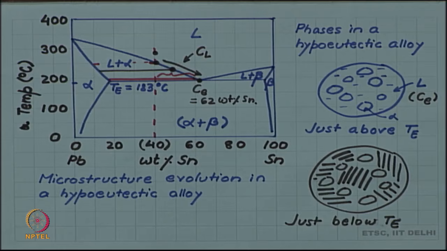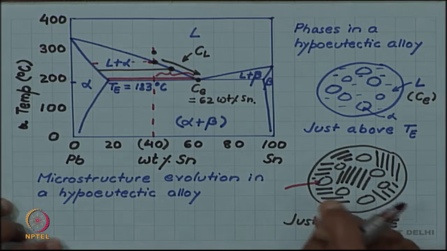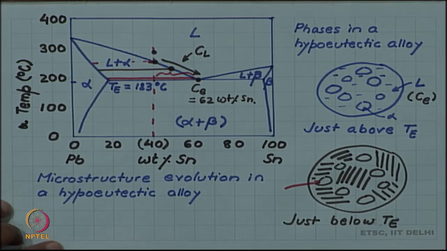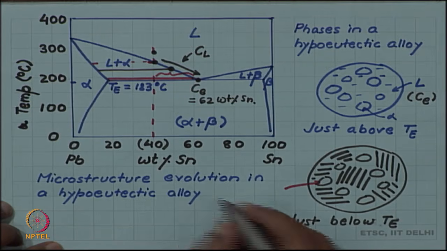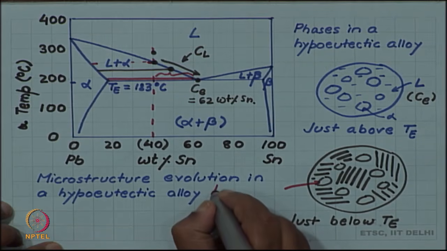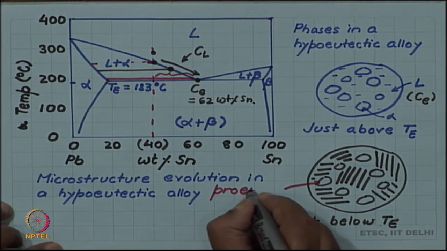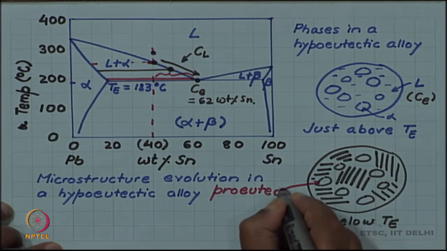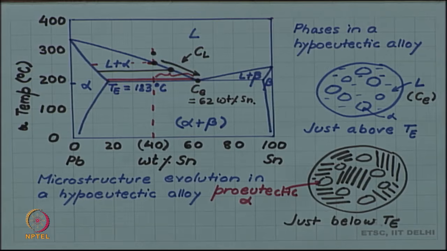In this alloy you can now see that there are two kinds of region. One region is these alpha which formed before the eutectic reaction. They had already formed above TE, and because of this they are called pro-eutectic alpha.